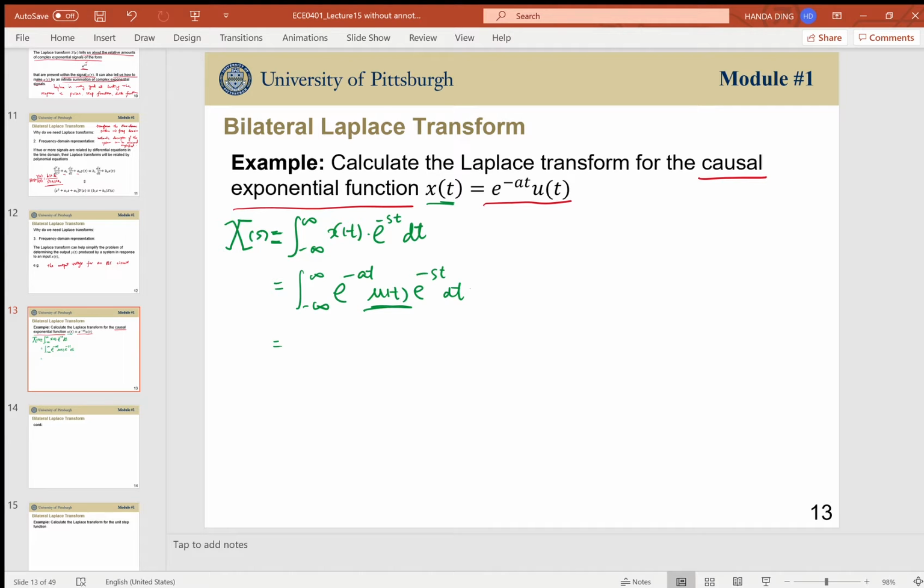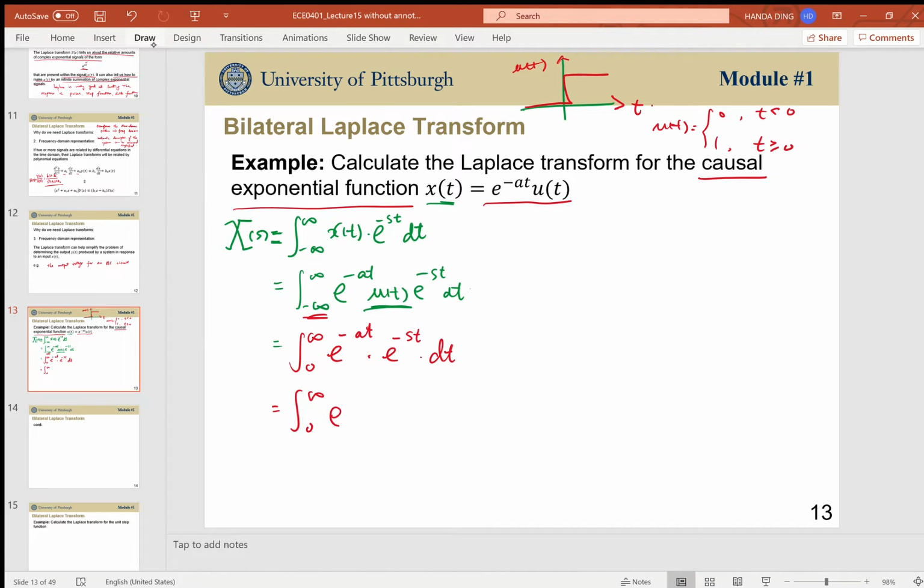And you must be familiar with this guy, the step function, right? The step function is really nothing more than u(t), right? Then we're going to revise this lower limit to 0. And there we go.